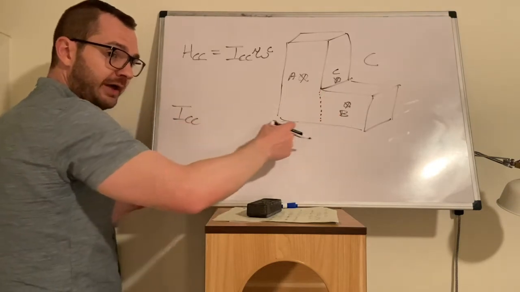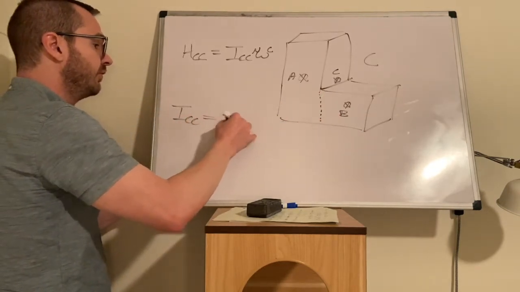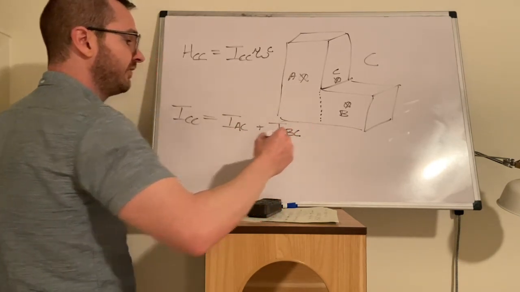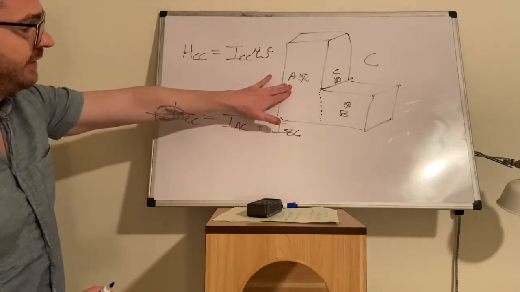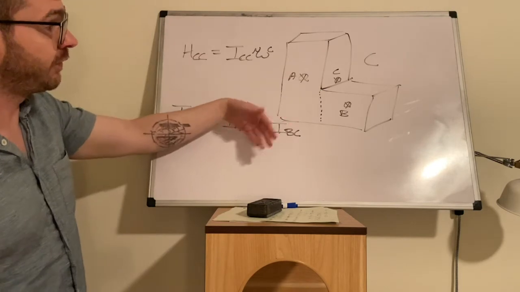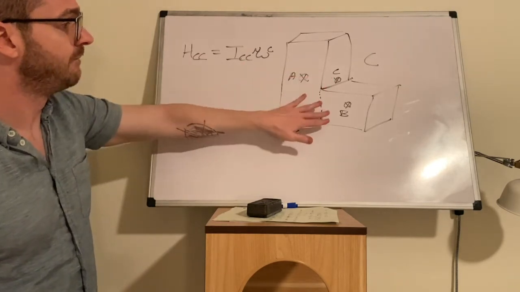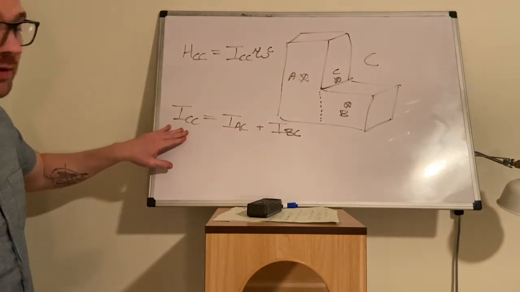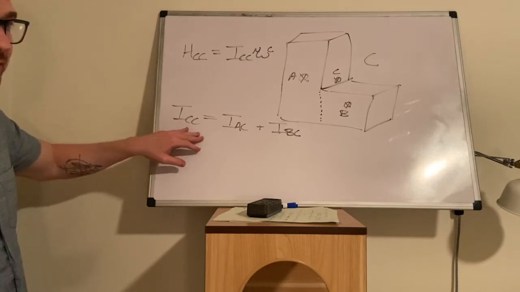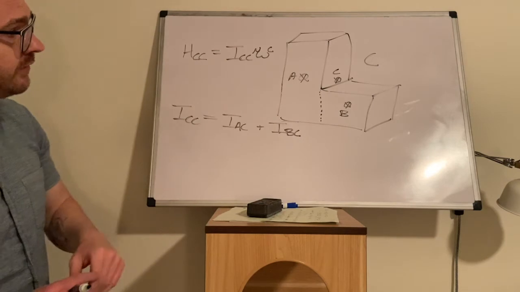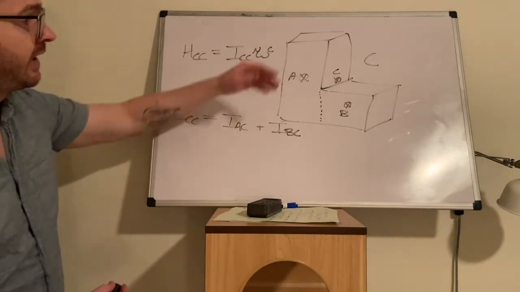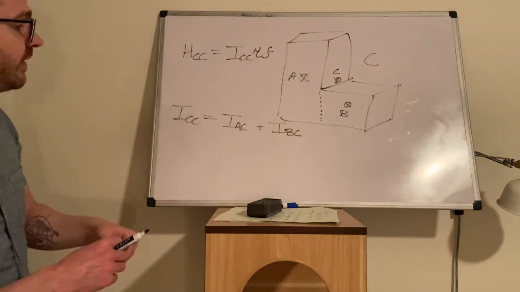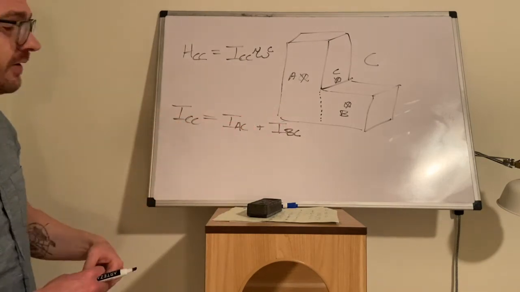The inertia of the whole thing, I_CC, is equal to the inertia of A about C plus the inertia of B about C. If we take the inertia of A and move it to point C, finding the effective inertia of A about point C, and do the same for B about point C, then we can add these together, and that will give us the inertia of the entire body C about C. If you take this geometry and put it into CAD software and let the software discretize it and calculate the inertia numerically, you'll get the same value, numerically the same, according to the resolution of the mesh, etc.